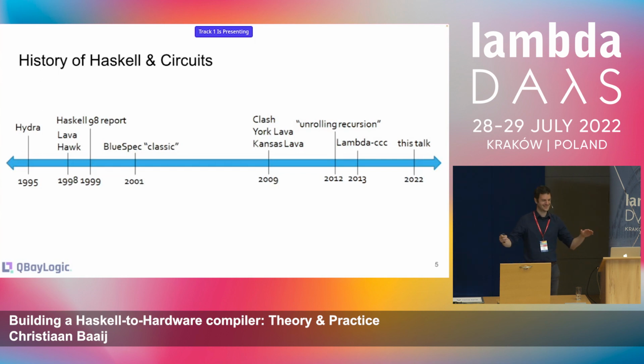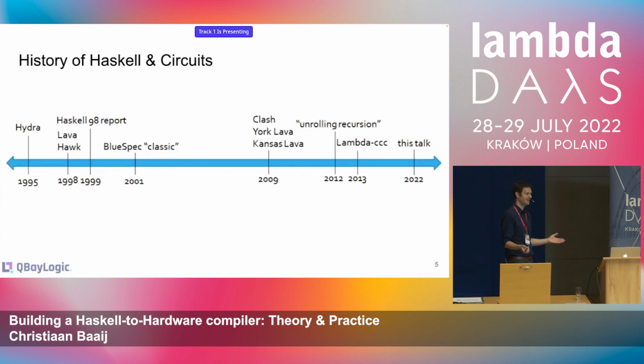Then there was, for some reason, a large gap in terms of published work, and suddenly in 2009, there were three approaches again. We had York Lava from the University of York, which was Colin Runciman's group, and Kansas Lava from the University of Kansas, Andy Gill's group.